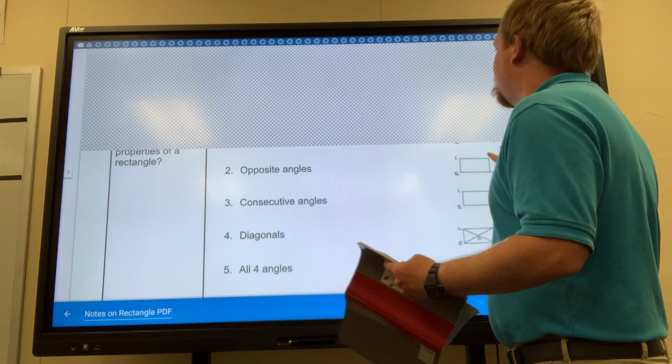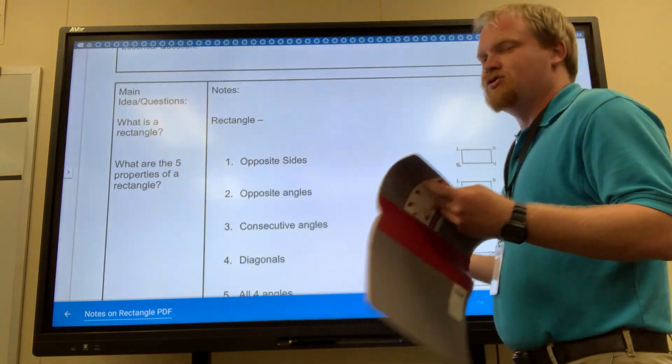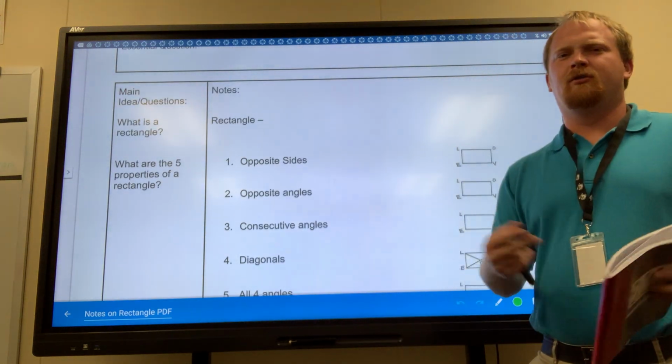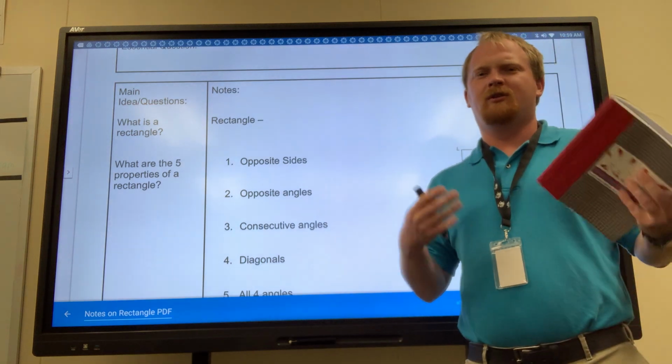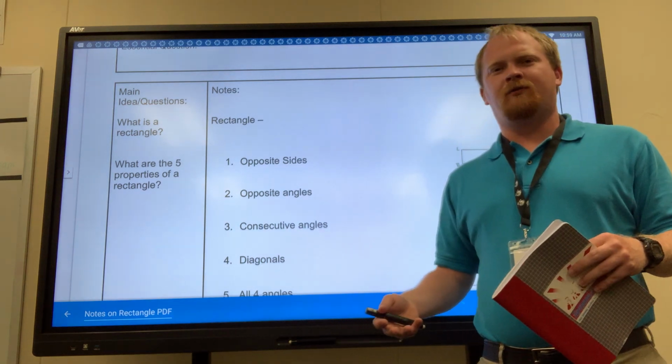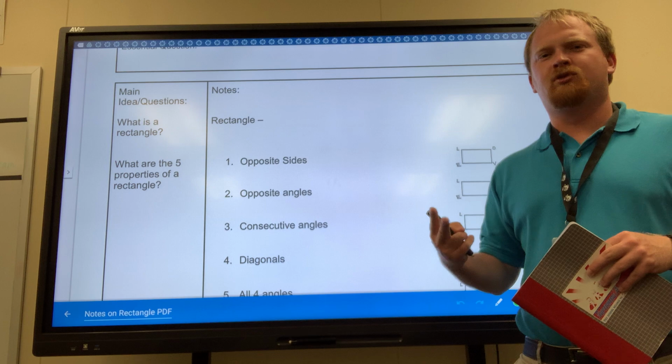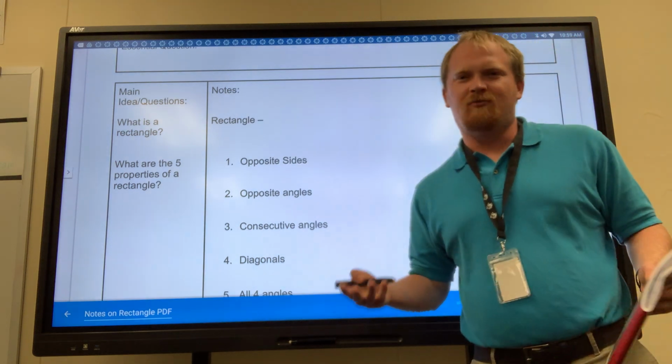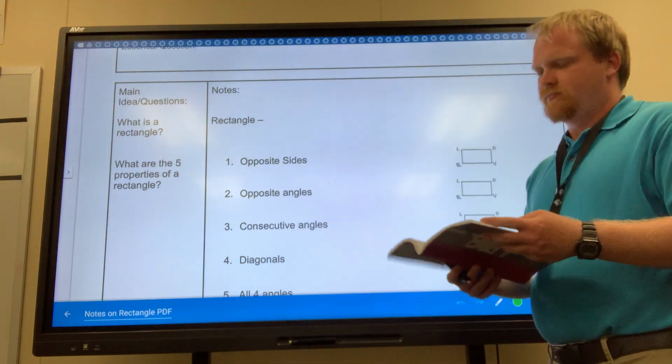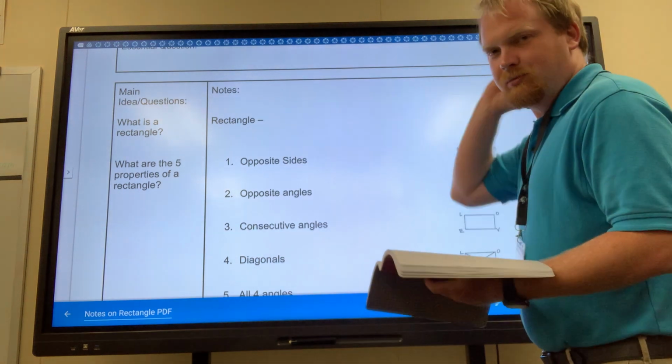So, the biggest thing we're going to be talking about, again, is a rectangle. We all know what a rectangle is. We've heard of it before, we've seen it before. It's probably the second most common quadrilateral that we see or use, but it's a very simple idea.